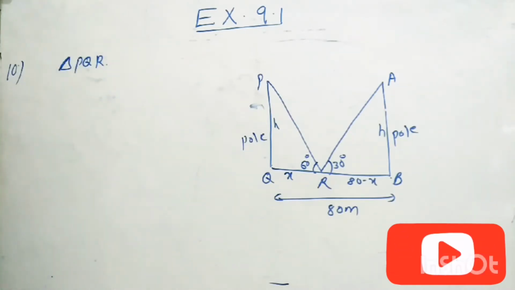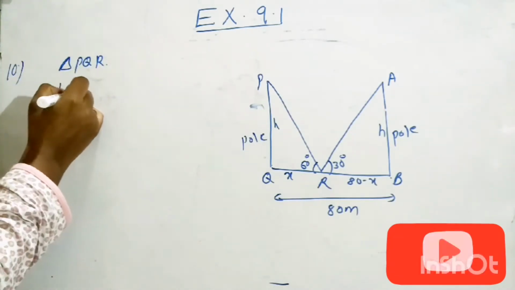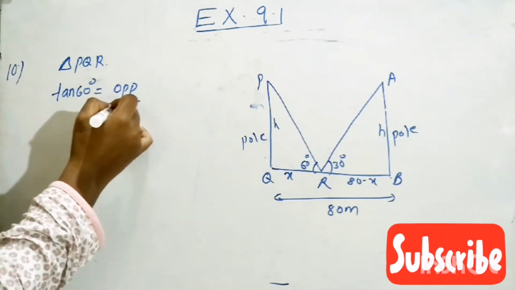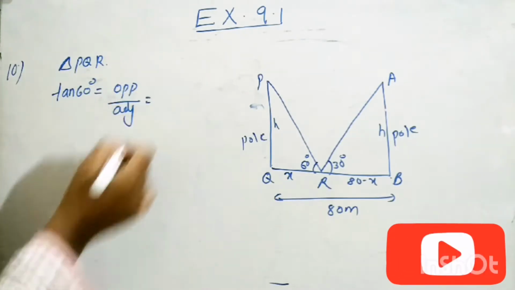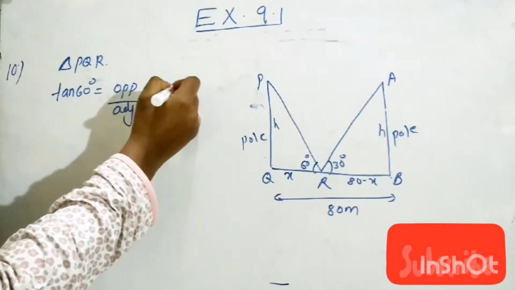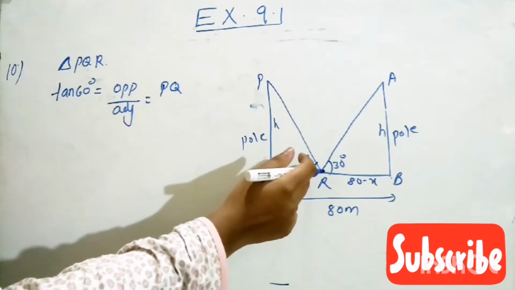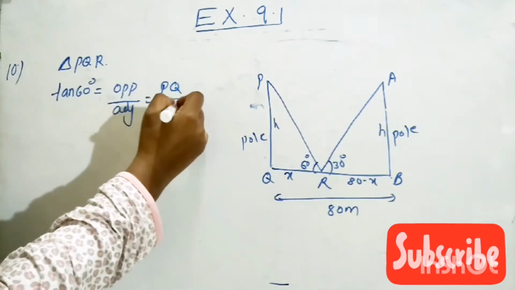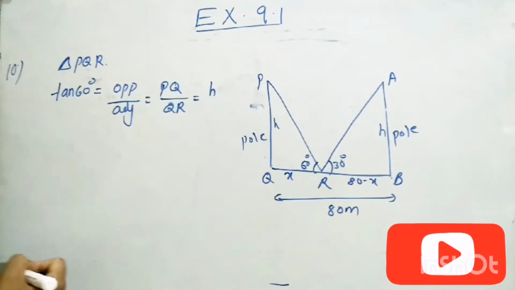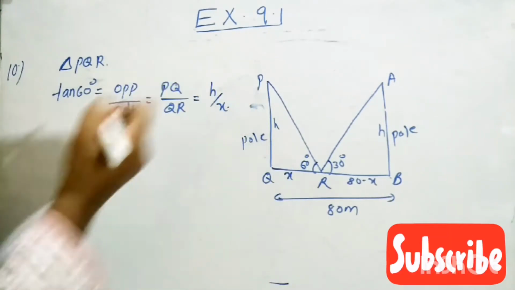In triangle PQR, tan 60 degree, tan is opposite side divided by adjacent side. The side opposite to the 60 degree is PQ, and the side adjacent to the 60 degree is QR, so it is equal to PQ, that we took as H, and QR, that is X.